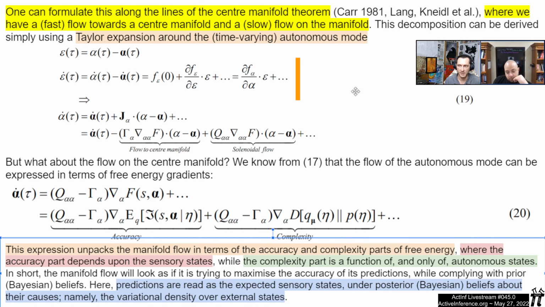These are all Bayesian variables. Here, predictions are read as expected sensory states under posterior Bayesian beliefs about their causes, namely variational density over external states. The real temperature out there in the room is the hidden, unobserved external state. The thermometer reading is the sensory state, and then the internal states are some sort of cognitive mirror or representation, modeled as temperature conditioned upon the thermometer reading, but there's some generalized synchrony across that thermometer blanket.